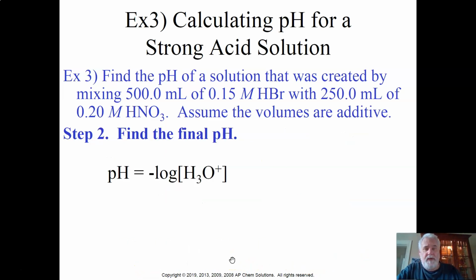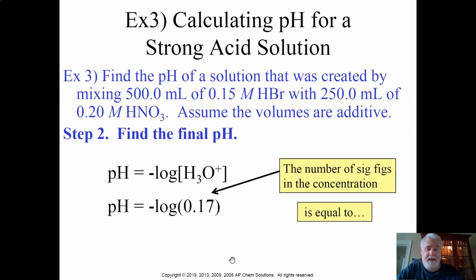So then we say, well, if I know the concentration of H3O+, I can just plug that into my old equation. pH equals negative log of the hydrogen ion concentration. You plug in the number, and notice that's 2 places to the right.